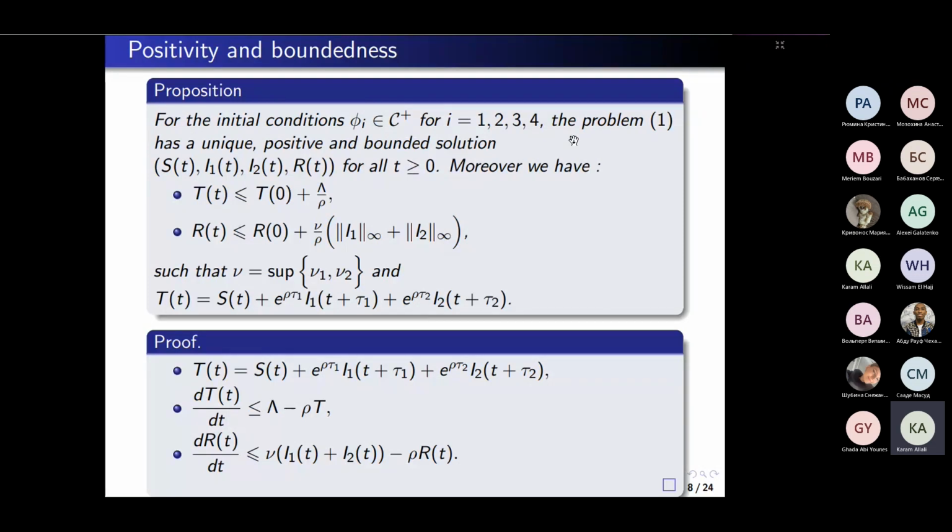So here the problem has a unique, positive, and bounded solution S, I1, I2, R for t greater or equal to 0. Moreover, we have S(t) less or equal to S0 plus lambda divided by rho, and we have R(t) less or equal to R0 plus nu divided by rho, norm infinity of I1 plus norm infinity of I2, with nu being sup of nu1, nu2.